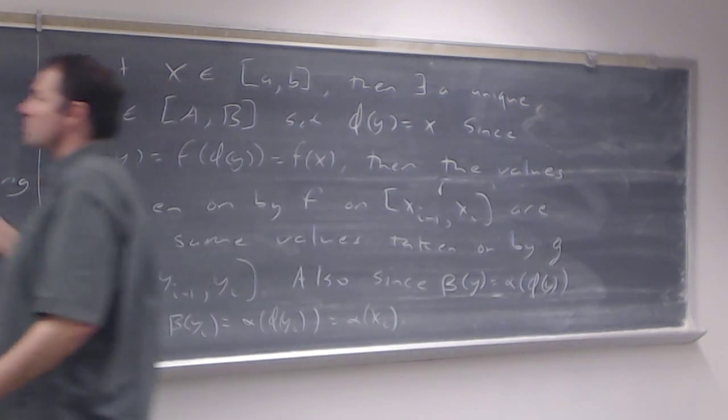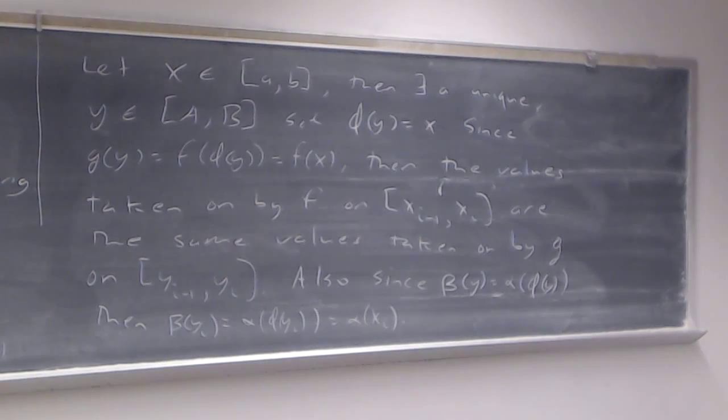What that gives us is a relationship between upper sums and lower sums with these partitions, corresponding functions, and corresponding alphas and betas.